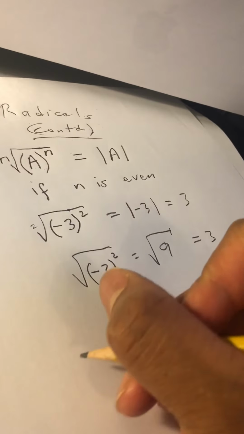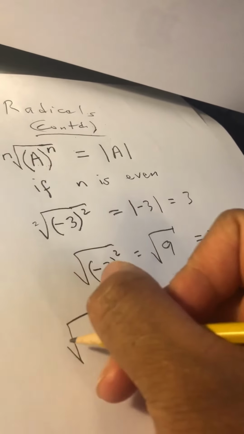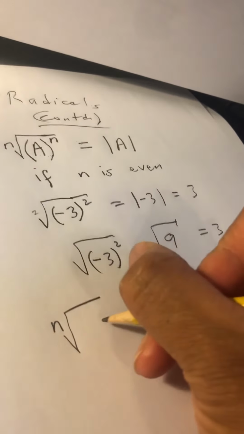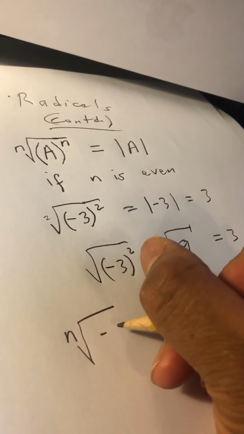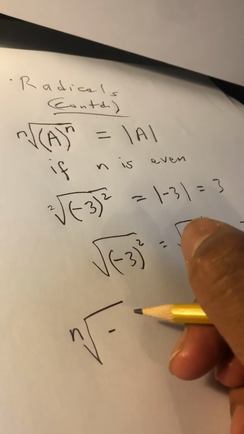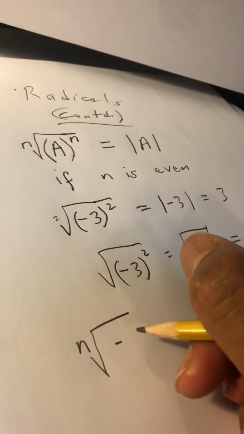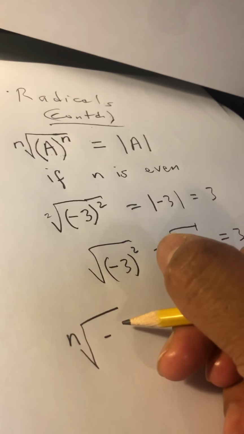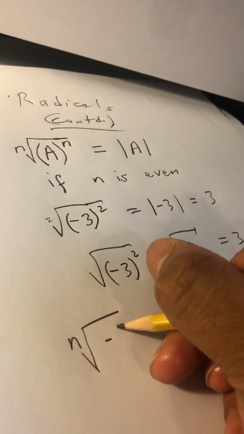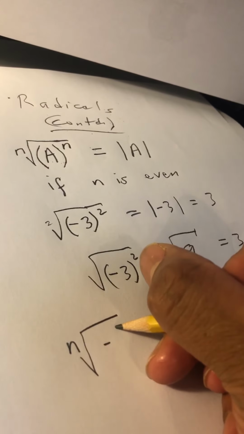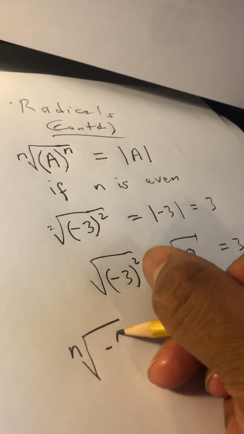But note that if I have the nth root of negative, how can I best put this?